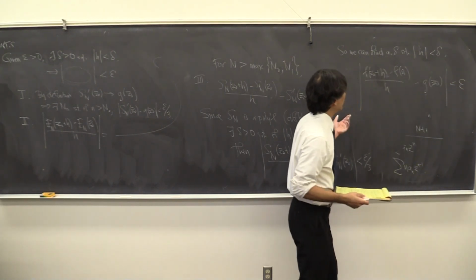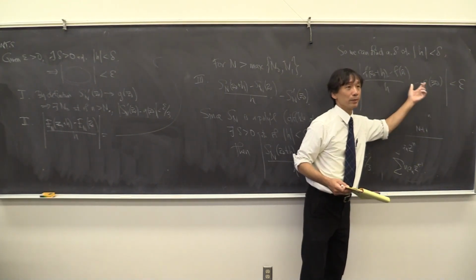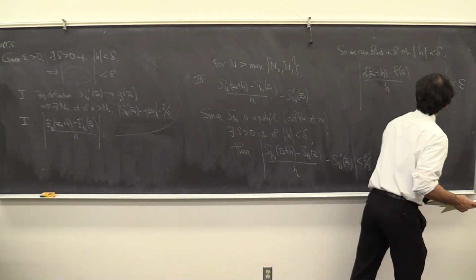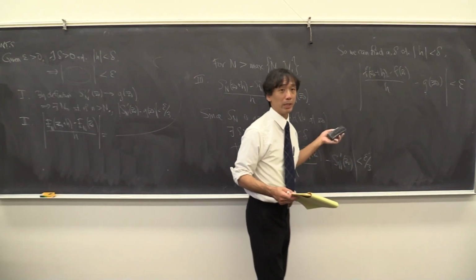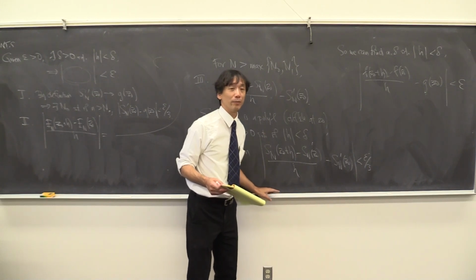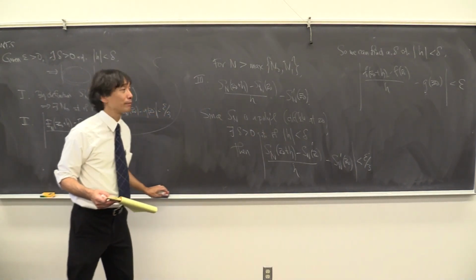In other words, the limit of this is this. So it is differentiable, and the derivative can be obtained by termwise differentiating the power series.